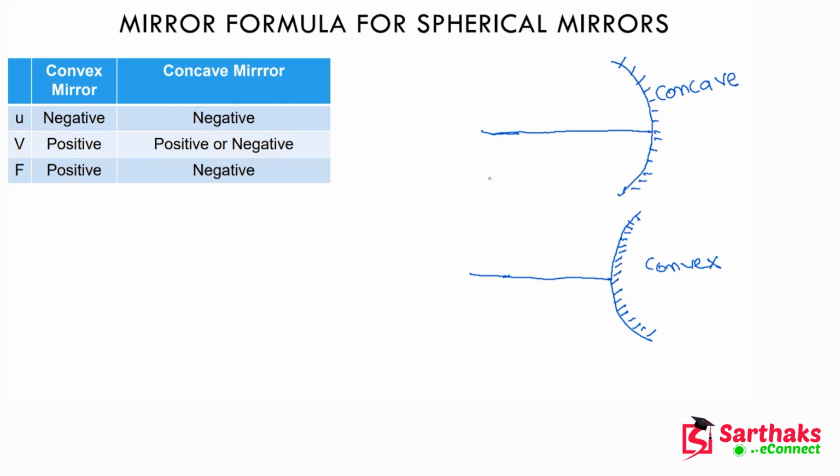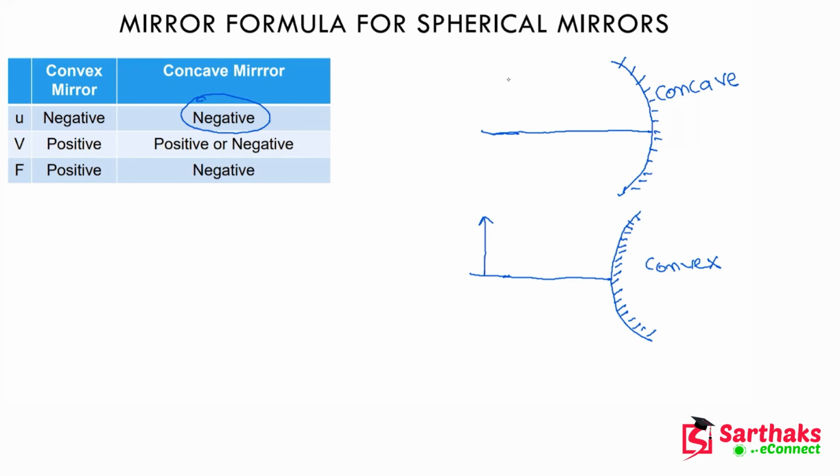Now, in the case of a concave mirror, the object will always be here because light will reflect from this side. So the object distance will always be taken negative in the case of a concave mirror.